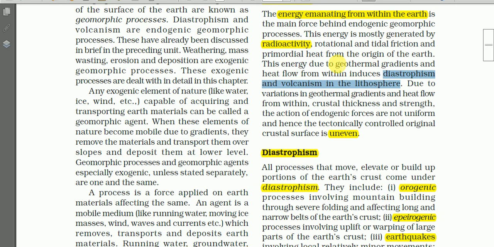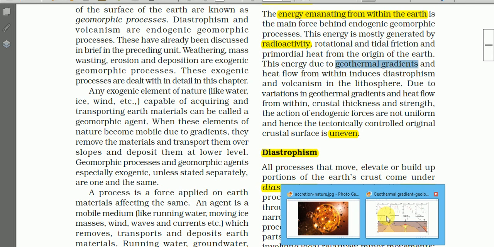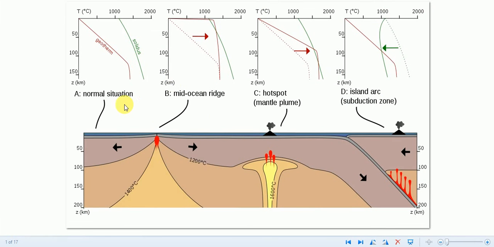About geothermal gradient, let me show you one diagram here. These are graphs representing geothermal gradient, and this graph shows a normal thermal gradient for this particular place. If you see this red line, this is the geothermal line.